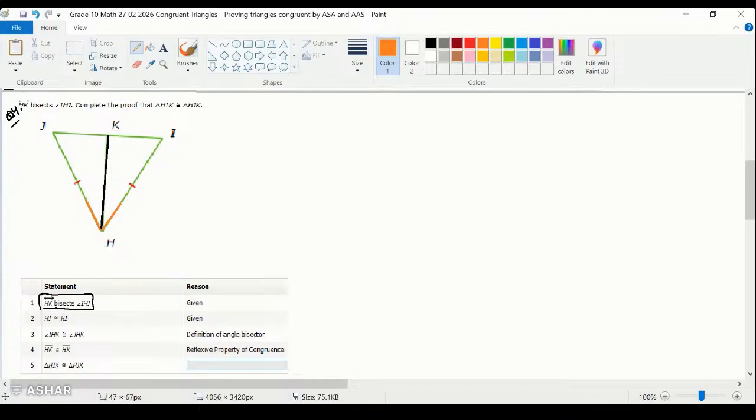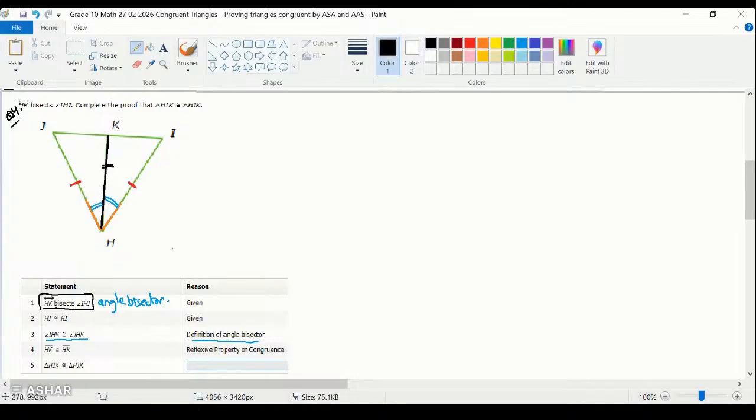That means the angle over here must be equal to the angle on this side because it's bisected. This is called an angle bisector, that divides a given angle into equal parts. This is given as a definition as well of angle bisector, that JHK and IHK are similar angles. What they are saying is the length of HI and JH is also the same, and we have another side that has the common length, this.